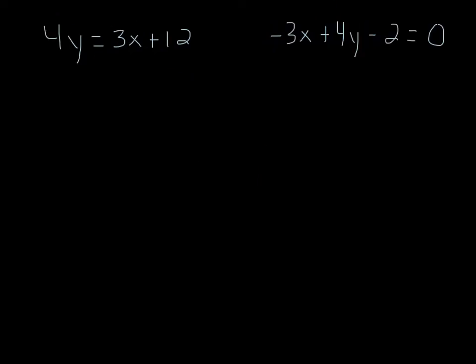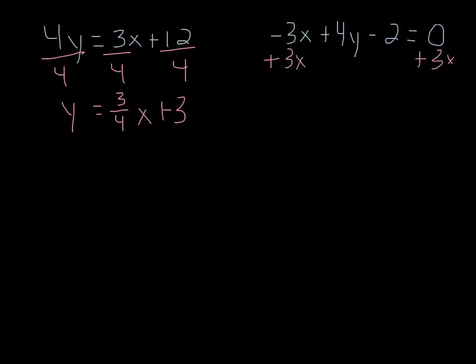Alright, so we have 4y equals 3x plus 12, and negative 3x plus 4y minus 2 equals 0. Let's solve the one on the left first, because that seems to be a little easier. Divide by 4. Oh, sorry about the multicolors here. That makes it a little more interesting. We get y equals 3/4 x plus 3. And here we're going to do plus 3x to both sides.